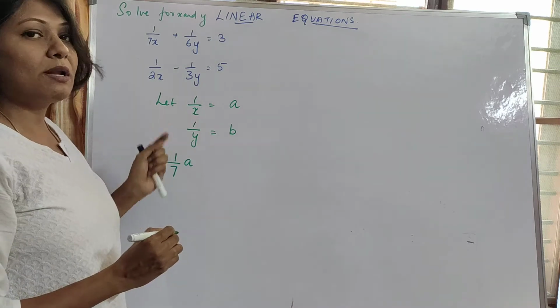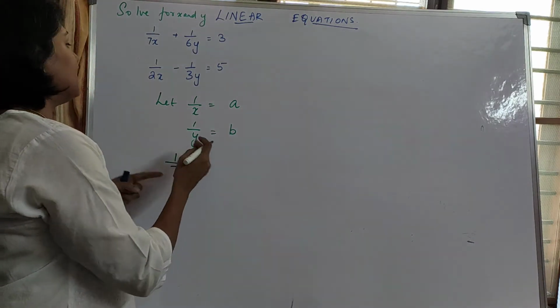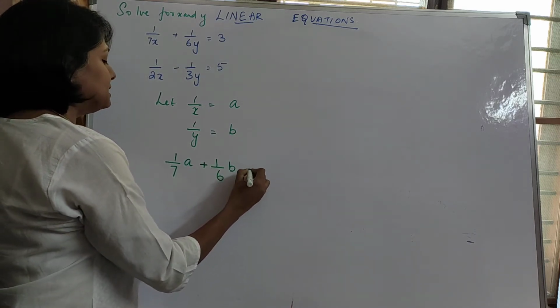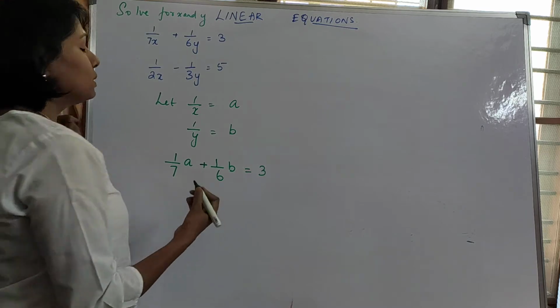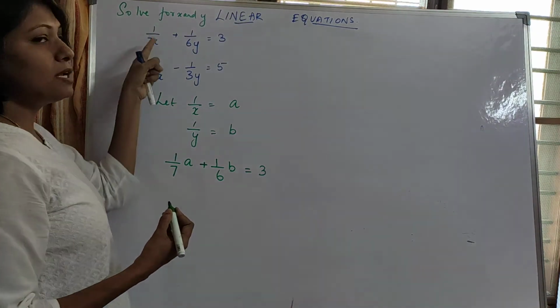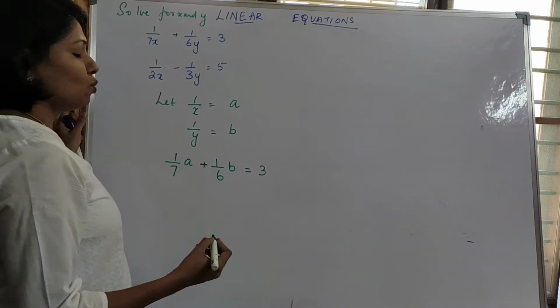I repeat, it's 1 by 7 into 1 by x, which is 1 by 7a. Similarly, plus 1 by 6b is equal to 3. We're just replacing the 1 by x, so this becomes your equation 1.